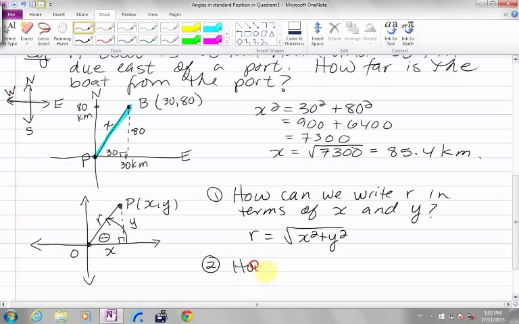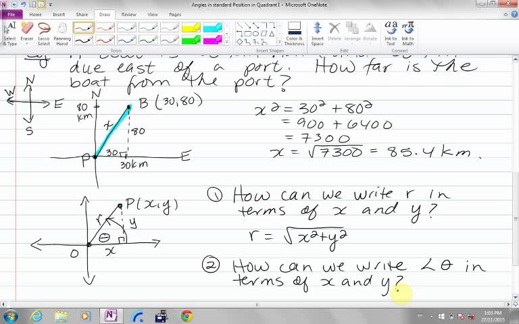How can we write angle theta in terms of x and y? So now we want to write an expression that uses the angle theta and x and y. How could we do that?